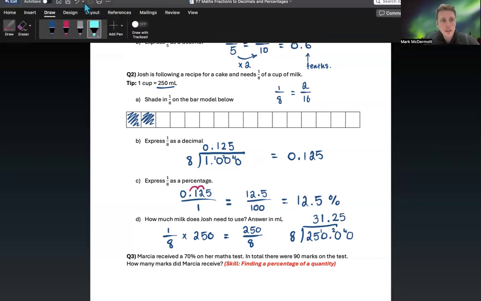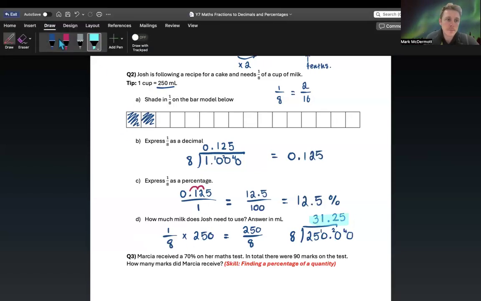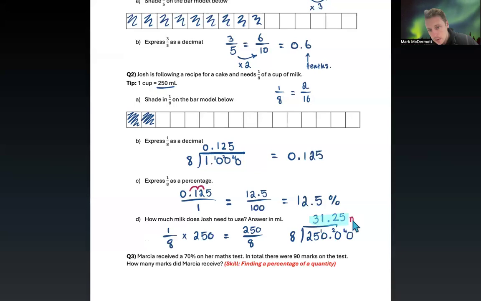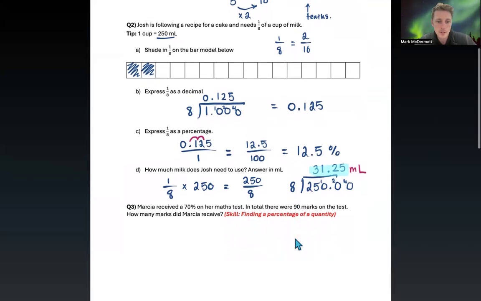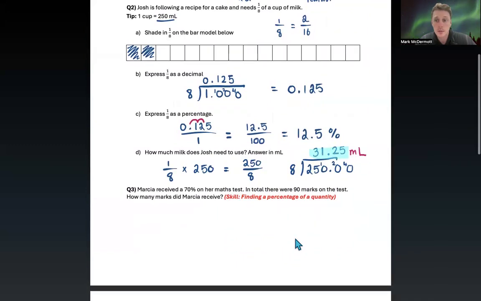That's how many milliliters of milk that Josh needs to use for his cake, because that is 1/8 of 250. Hopefully that clarifies how to convert between percentages, fractions and decimals.